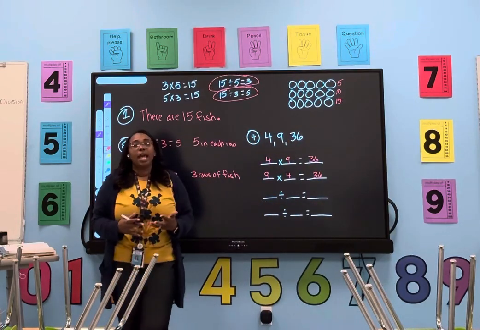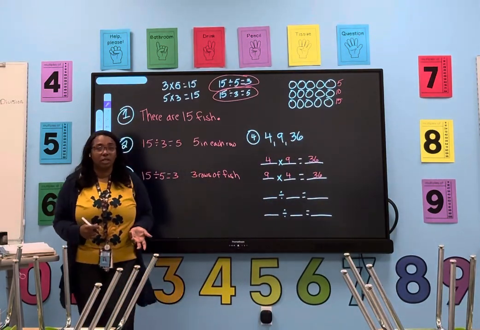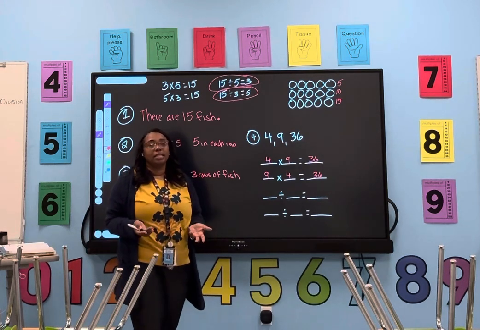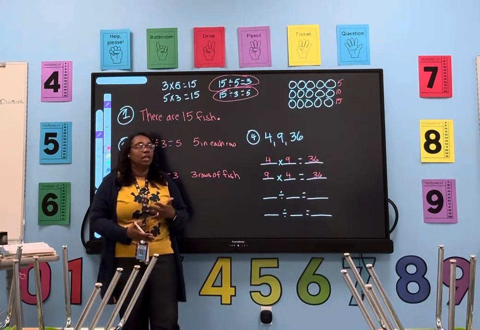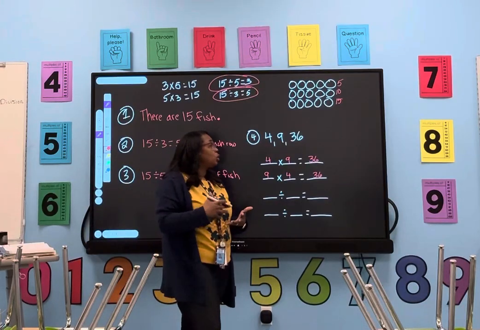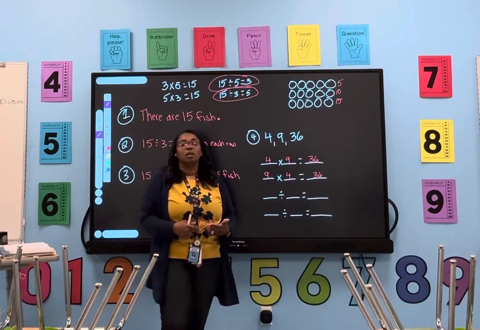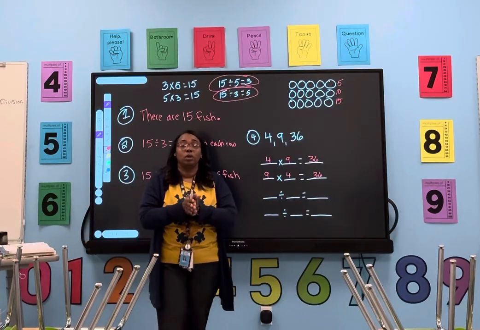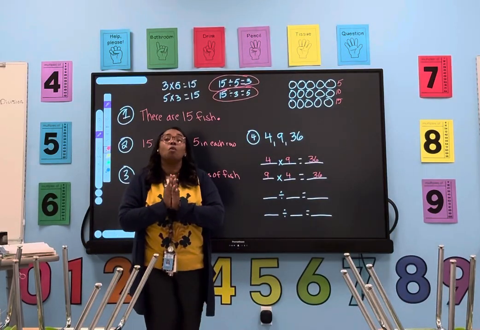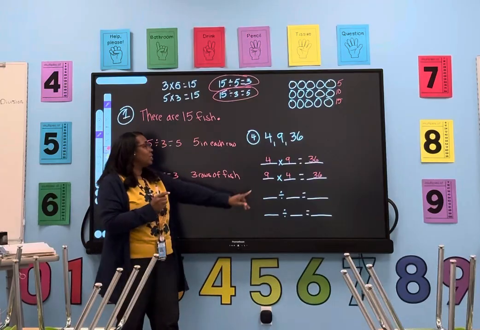Okay? Now we go to our division equation. Now what you have to remember is that, and I keep saying it over and over because if I keep repeating it, then you remember it. So for division, the first number in your division equation is always going to be your total. Well, the total here was 36.